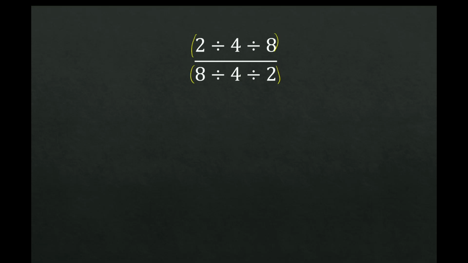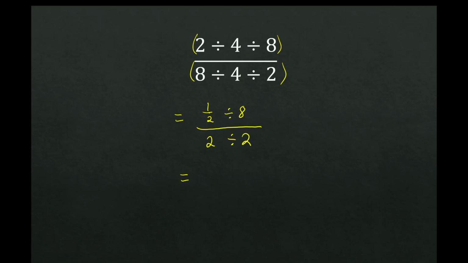Even if you were going to put them into the calculator, that's what you'd want to do. But when we look at this, you're going to do the multiplication and division left to right. So 2 divided by 4 is going to be a half divided by 8 on the top. On the bottom, 8 divided by 4 will give you 2 divided by 2.